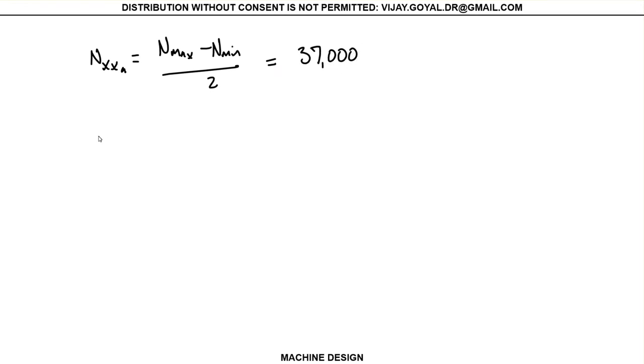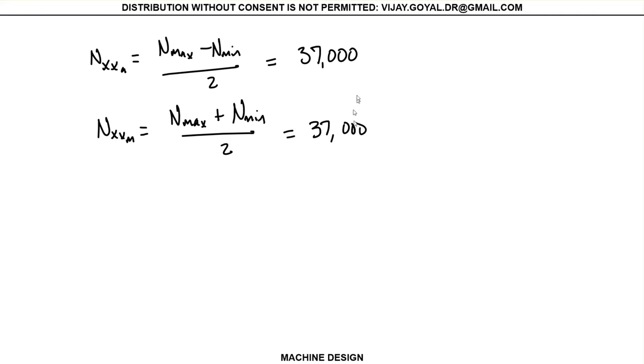Also I want to find what is my mean. My mean is n max plus n minimum divided by 2. I use n as our general n, but remember this is actually P. And this is going to give me the same value. It's a coincidence that I get the same value. It doesn't necessarily have to be like that.